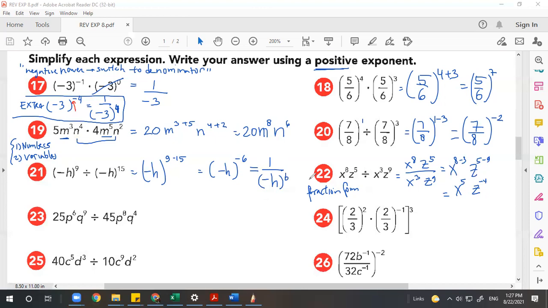Sorry, I missed it for number 20, 21, and 22. I don't really understand how to change it to positive. Okay, I will show you how. For example, I have 5 to the power of -9. So this is still negative exponent, right? So how do you change this negative exponent to the positive exponent? Again, use this rule. The rule is negative power switch to denominator.